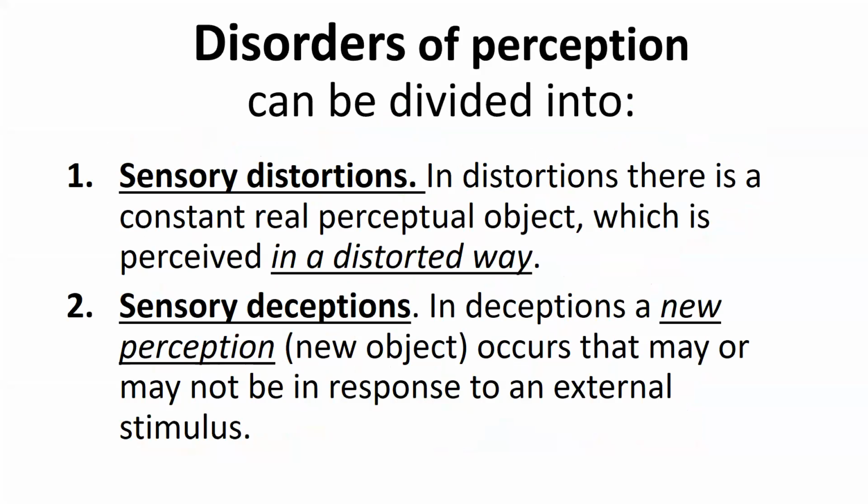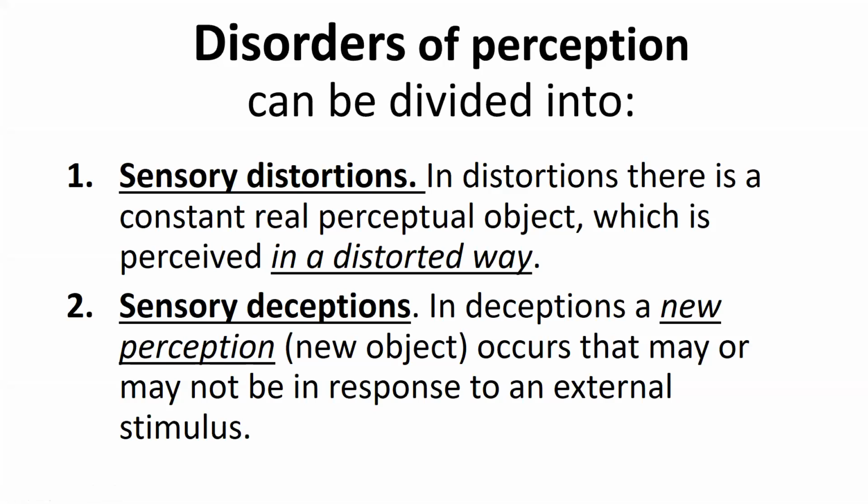Now go to the pathology, to the exact pathological things. Well, what do we see? Here we start from the general classification of the disorders of perception, and we have two cases: sensory distortions and sensory deceptions.